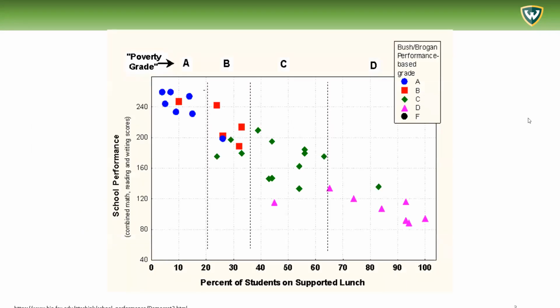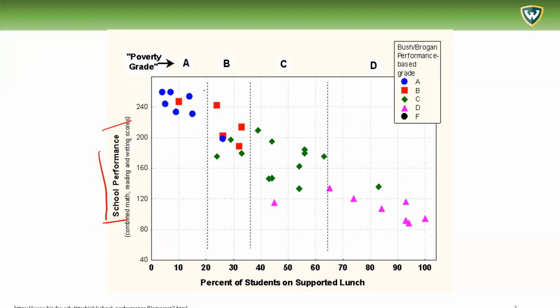First, let me bring your attention to this graph of school performance with the percent of students in the schools that are on supported lunch. On the y-axis, we have school performance, measured by the combined math, reading, and writing scores of the students.